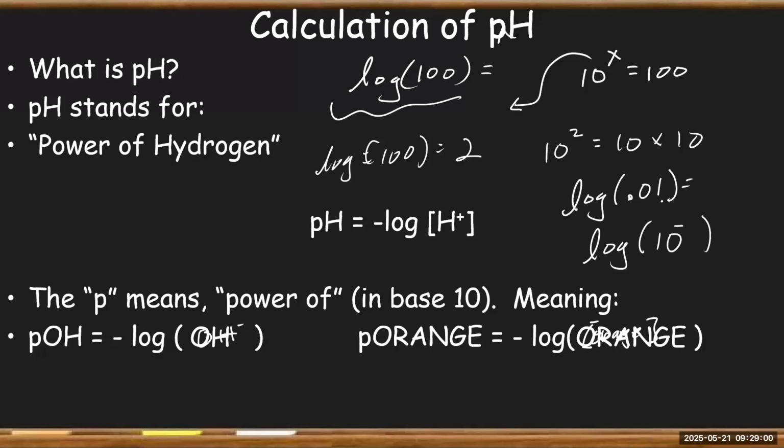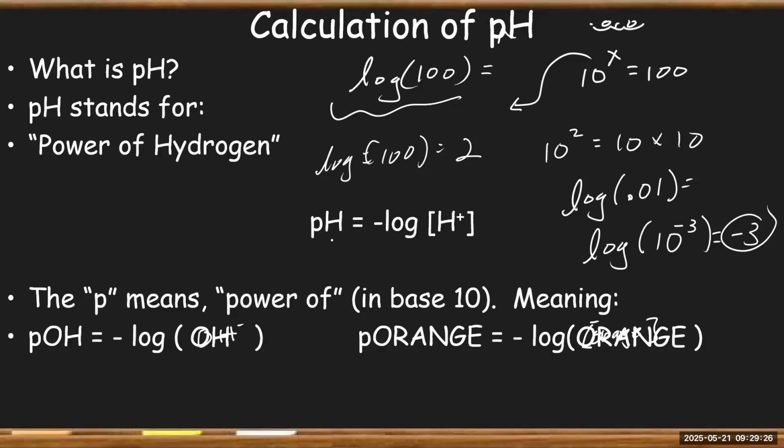Minus how many times? 3. 1, 2, 3, right? So it's 3 times, which means that the answer would be minus 3. But because we work with negative exponents, that's what I just told you, that's why we put a negative in front of the pH.